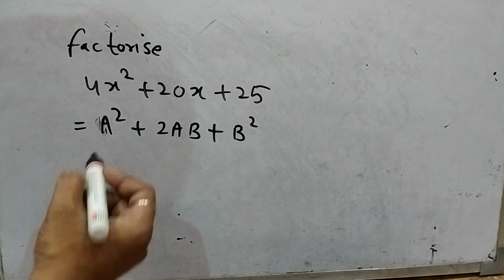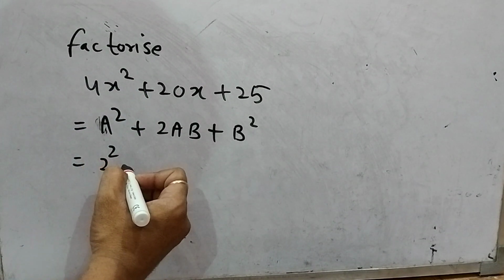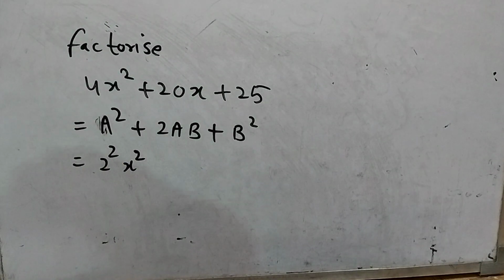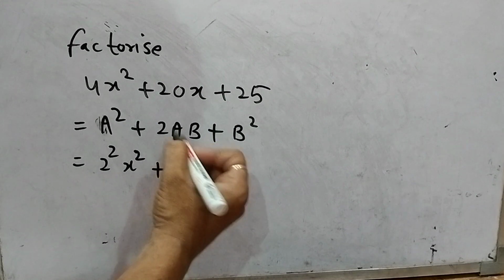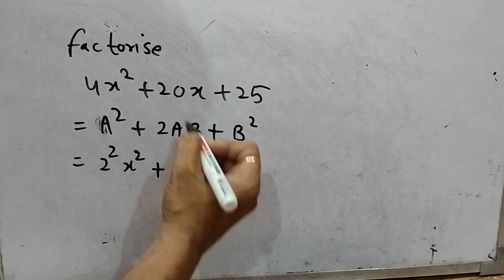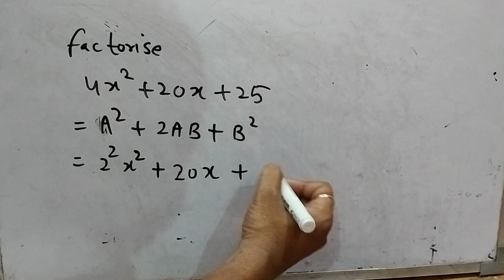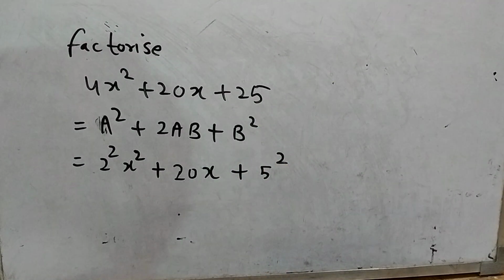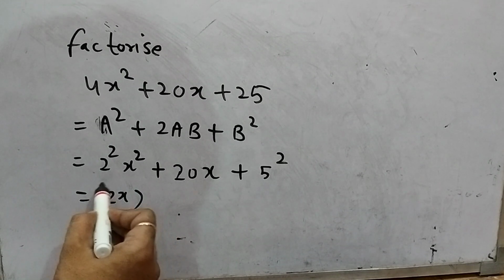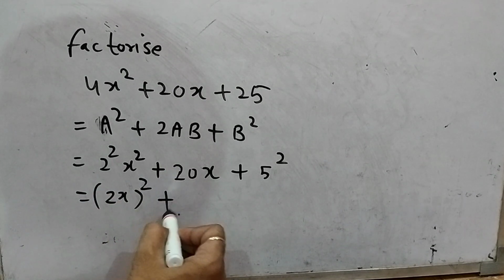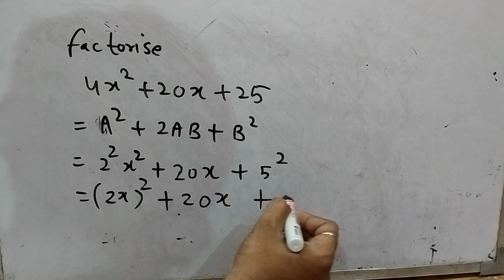We try to make it like this: here we have 2 square, we can write it as 2 square x square, and this is 5 square. So we can further write it like 2x whole square plus 20x plus 5 square.